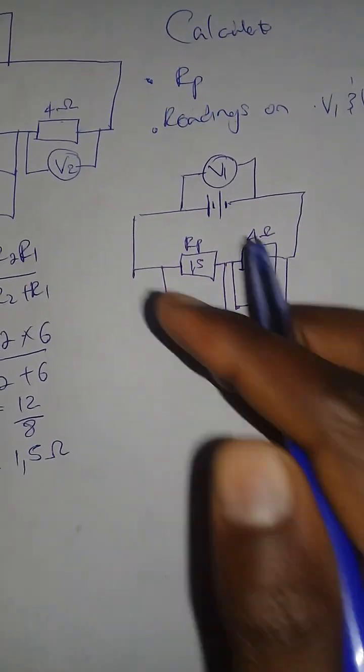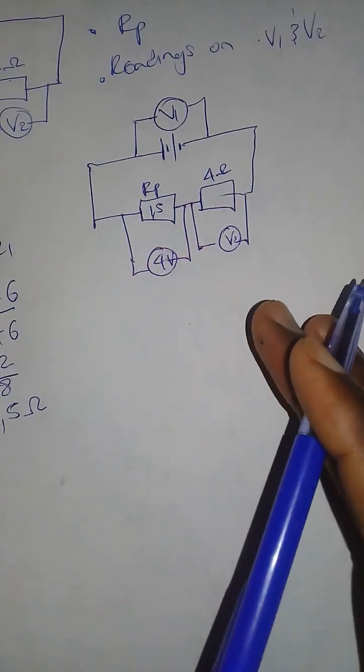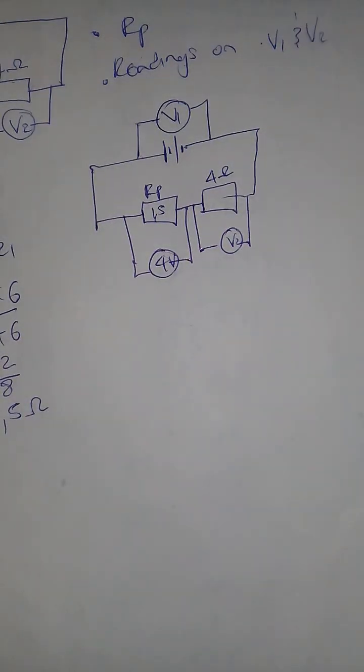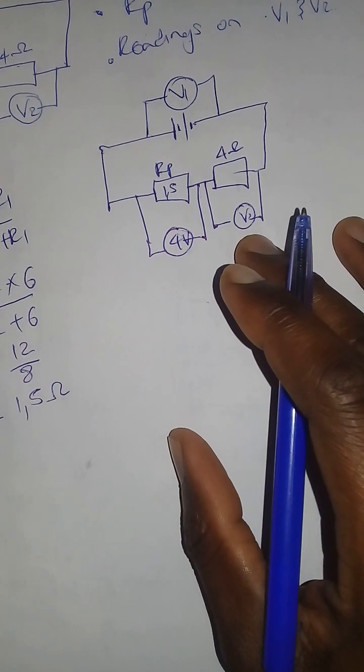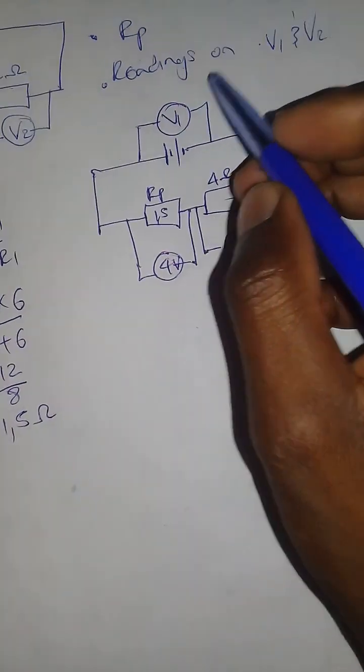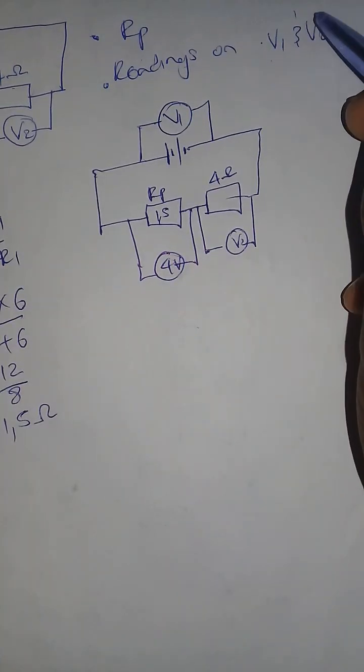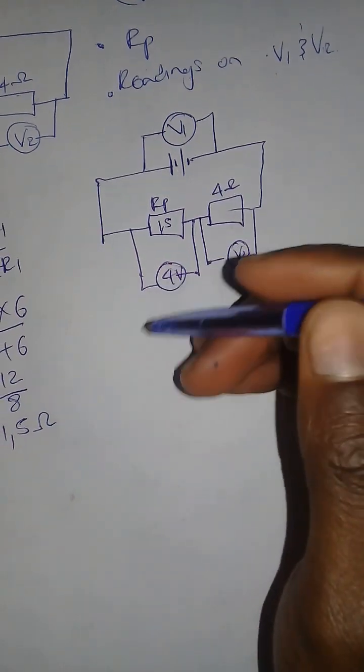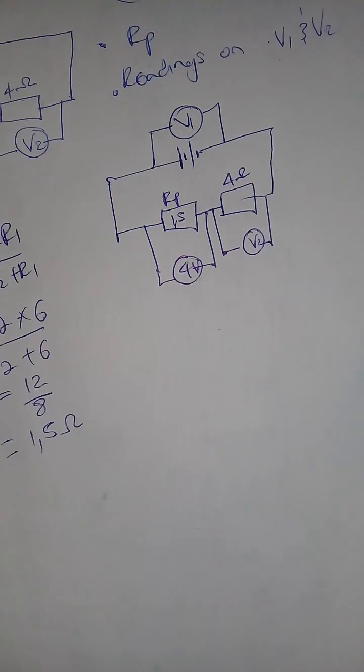Can you see that now it becomes a series connection? It becomes easy for me to apply the properties because now I know that it's a series connection. Now we are supposed to find V1 and V2. How can we find that? Looking at the connection, what are the properties? Number 1, the voltage is split, but we only have one voltage, so we can't use that.